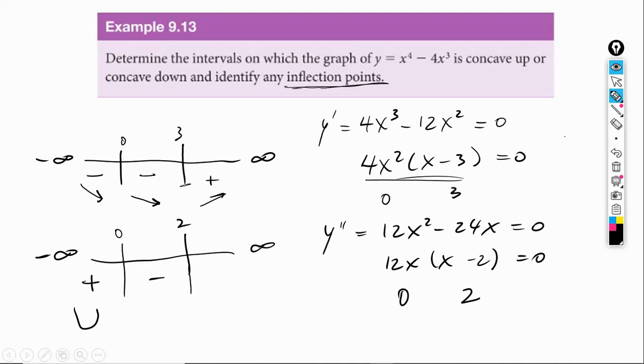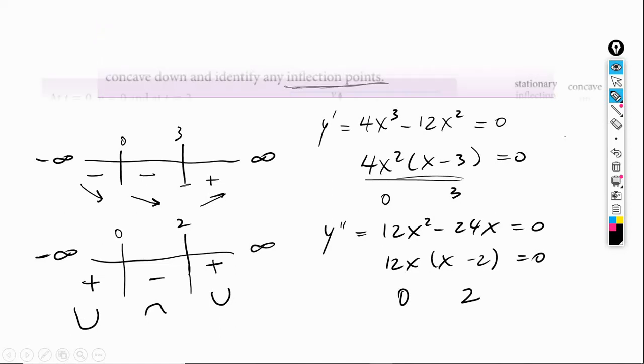That means the concavity is downward. And then what happens if we plug in a value larger than 2? Let's say 3. We can plug in 3. 3 is going to give us a positive value. That means that the concavity at 3, although it's a minimum, is upward. Okay, so we will see all this graphically in the next slide.